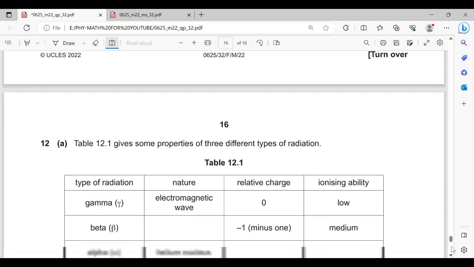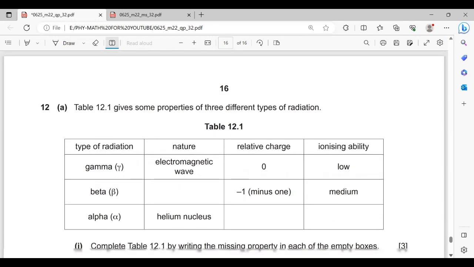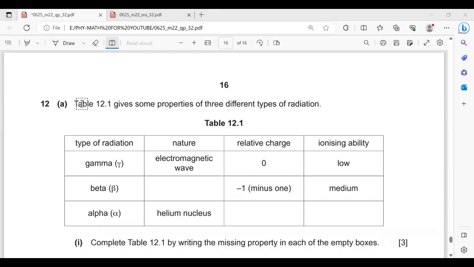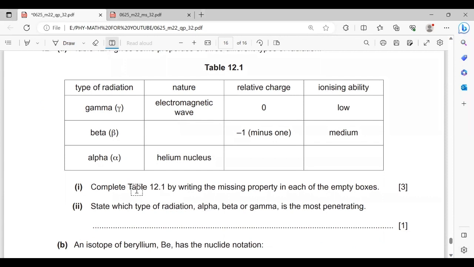Okay, next, number 12. Table 12.1 gives some properties of three different types of radiation. Okay. Complete table 12.1 by writing the missing property in each of the empty boxes.